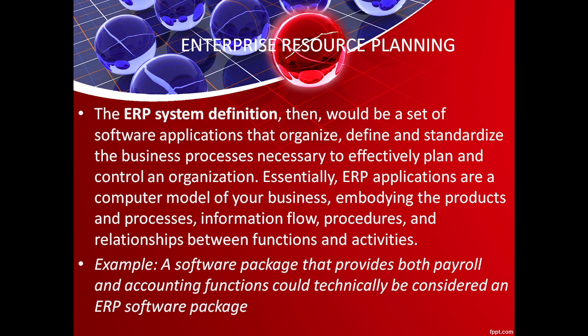So when we talk about human resource management, compensation and payroll and accounting functions, we can technically say that an ERP software package is definitely helpful, coordinating the entire organization by including all the functions related to accounts and payroll.